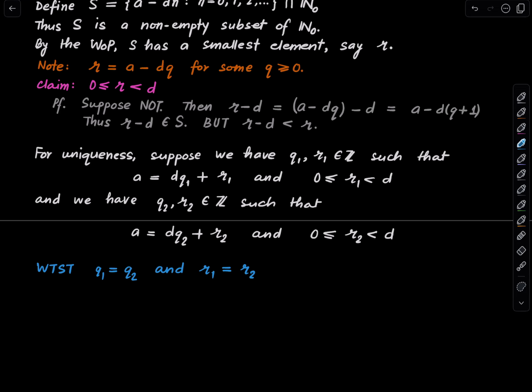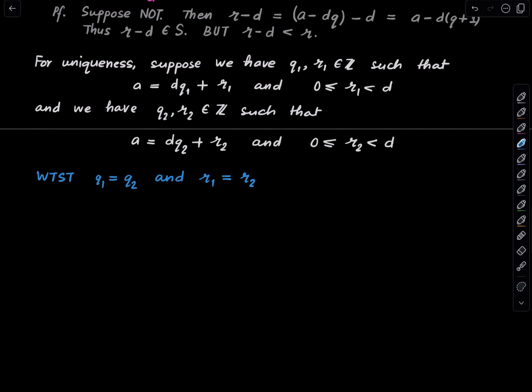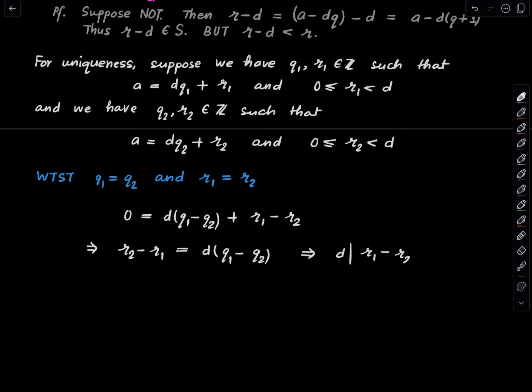Okay. So by these two equations, if we subtract them, what do we get? We get 0 is equal to d times (Q1 minus Q2) plus (R1 minus R2), which implies R2 minus R1 is equal to d times (Q1 minus Q2), which implies d divides R1 minus R2, right?